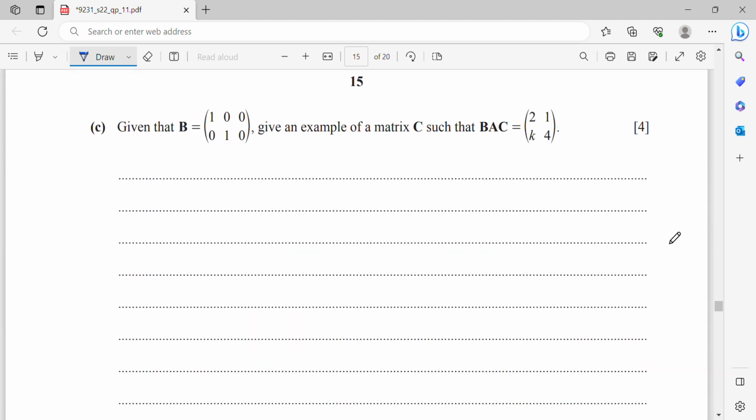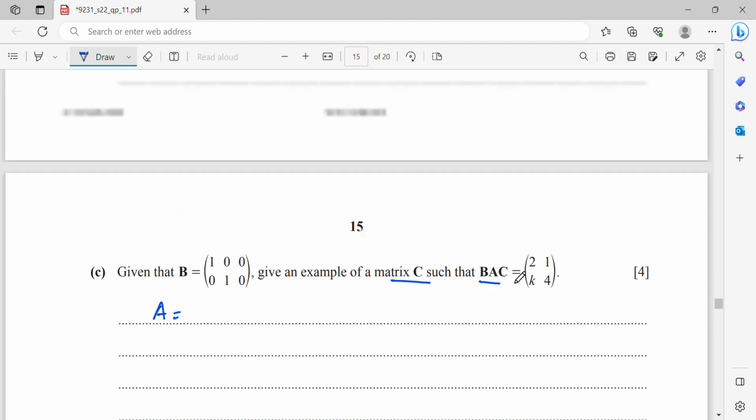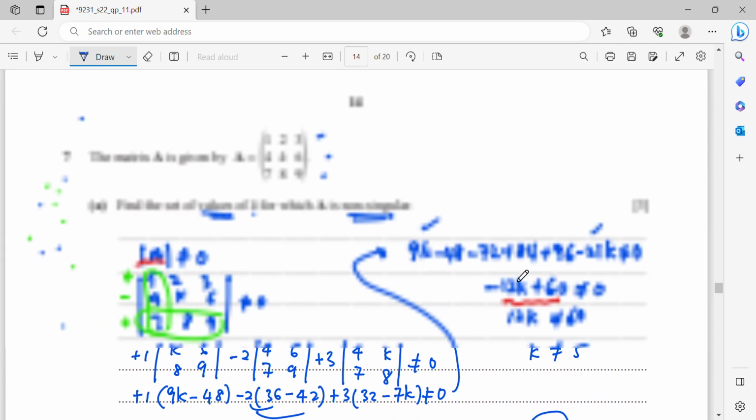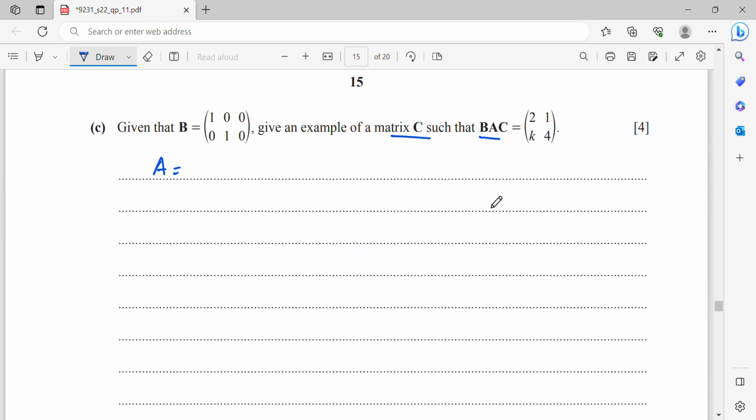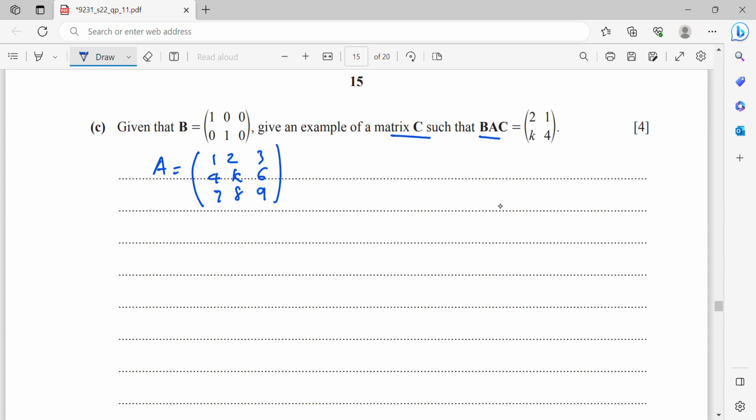Okay, part C. Given that B equals first row 1, 0, 0, second row 0, 1, 0, give an example of matrix C such that BAC is 2, 1, k, 4. Let me rewrite my A first: 1, 2, 3, 4, k, 6, 7, 8, 9. So for BAC, I get my BA first.